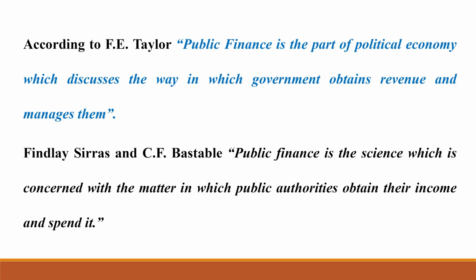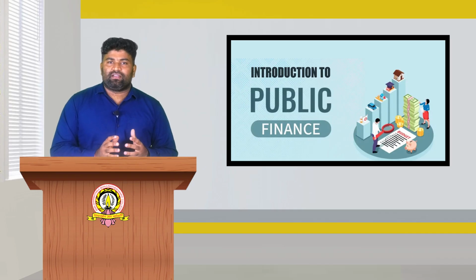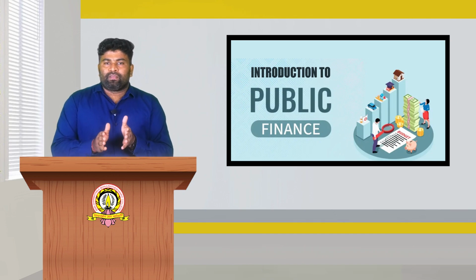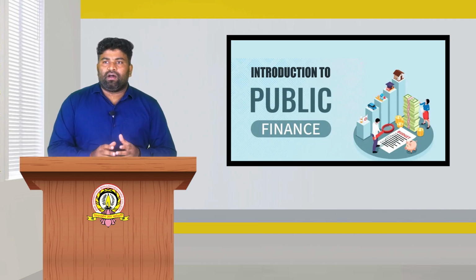See here, it's very interesting. F.E. Taylor gives a different definition in which he is very much clear that public finance discusses how the government obtains its revenue and how it manages.